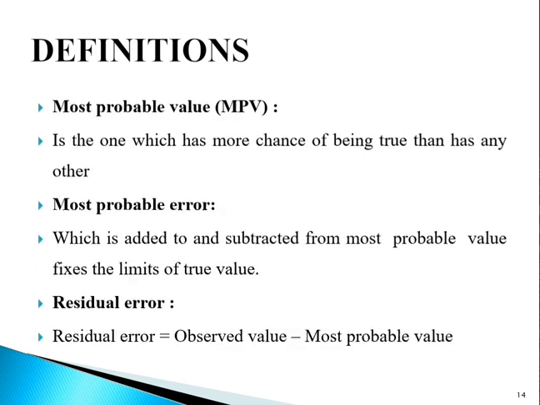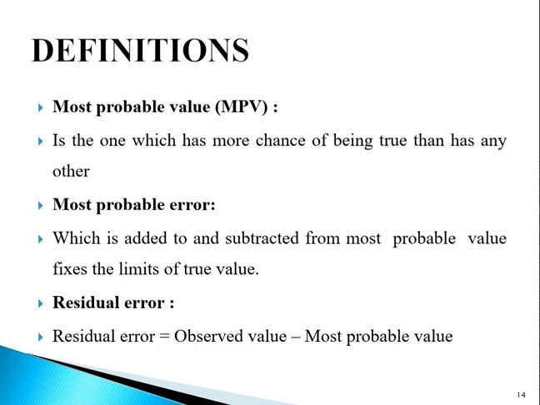Next is most probable value, denoted by MPV. The most probable value of a quantity is the value which has more chances of being true than any other value. The most probable value is therefore a value which is very close to the true value. This value is derived from several measurements of the quantity.